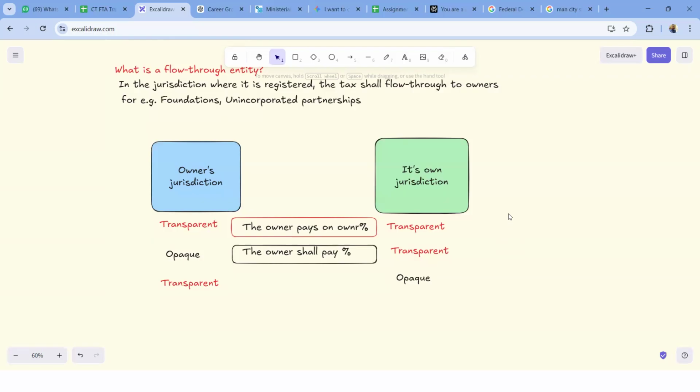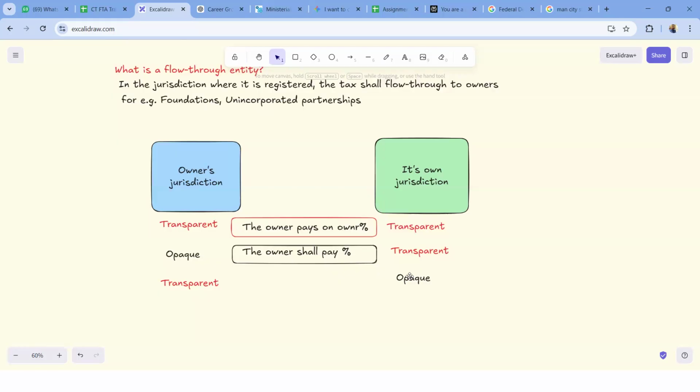Who will pay the local corporate tax? That's what I'm asking. Here and all, we are talking about who is paying the local corporate taxes. Who's paying the corporate taxes if it is considered a transparent entity in the owner's jurisdiction and opaque in its own? For example, an Indian partnership. There is a partnership in India which is owned by two UAE companies.